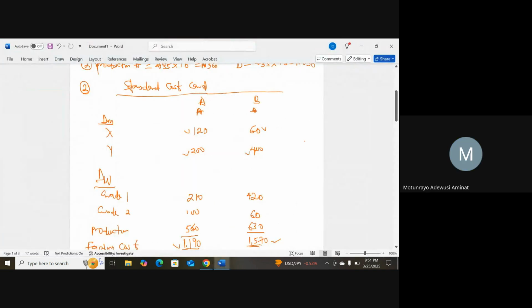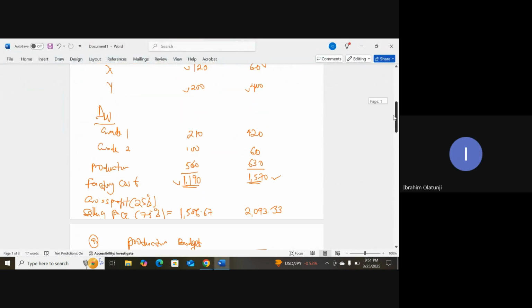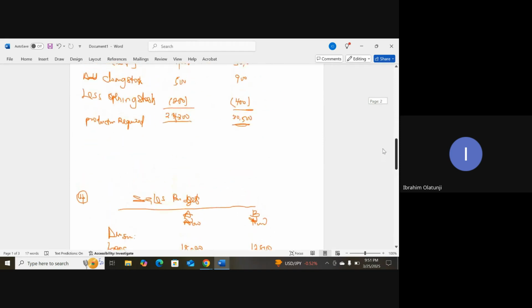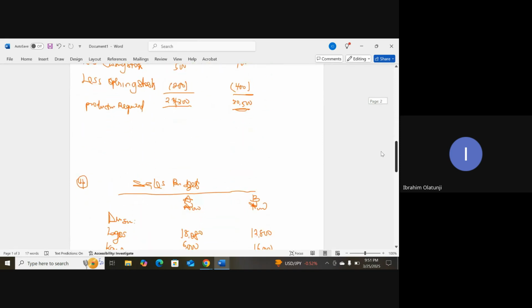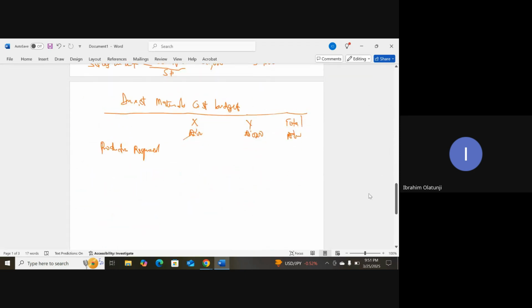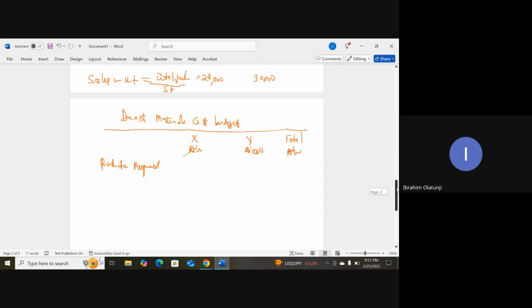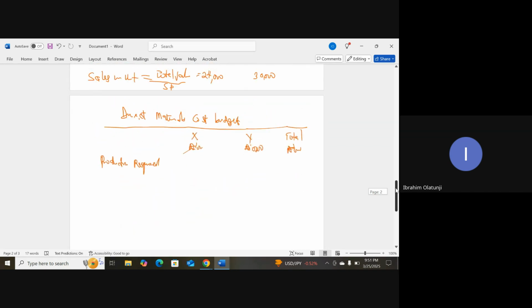Yes. So then let's now look at the production requirement. What's our production requirement for A? 24,300. You can do that one, because I don't want to waste a page here.